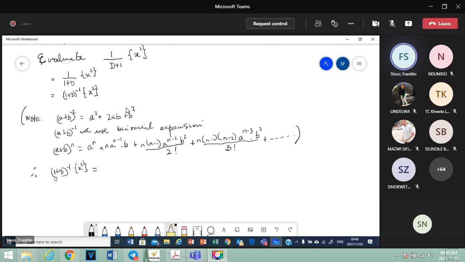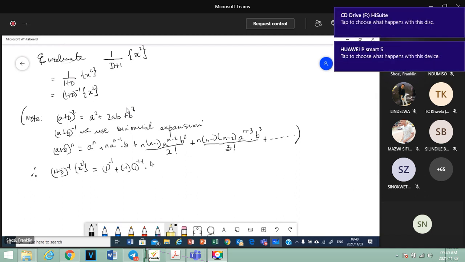My n is minus 1, my a is 1, my b is d. So I'm applying it then. My a, which is 1, to the power minus 1, plus, next one, it's n, which is minus 1, times a, which is 1, to the power n minus 1 times b. My b is d.